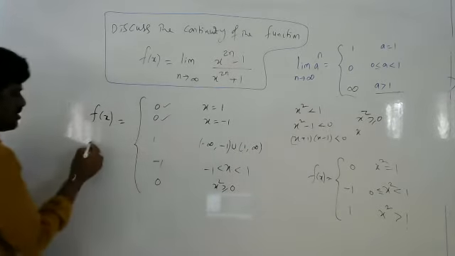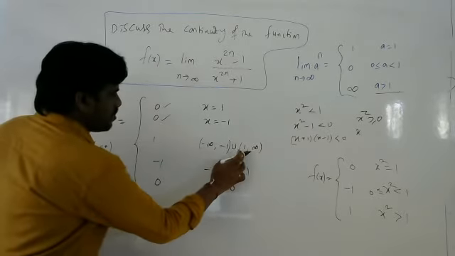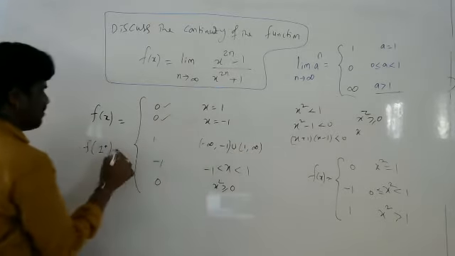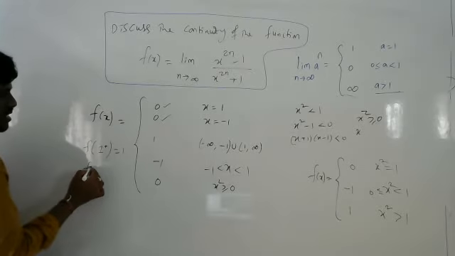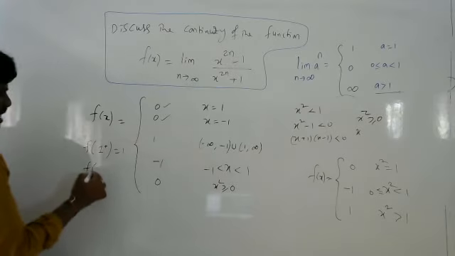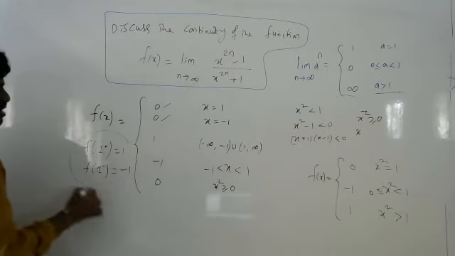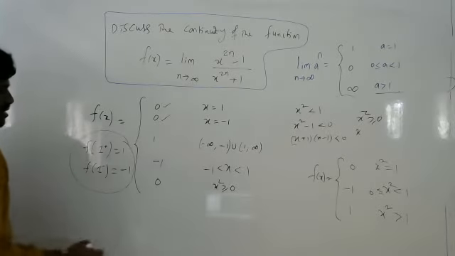Why is it discontinuous? 1 plus gives answer 1, and 1 minus gives minus 1. Left hand limit is not equal to right hand limit, so it is discontinuous.